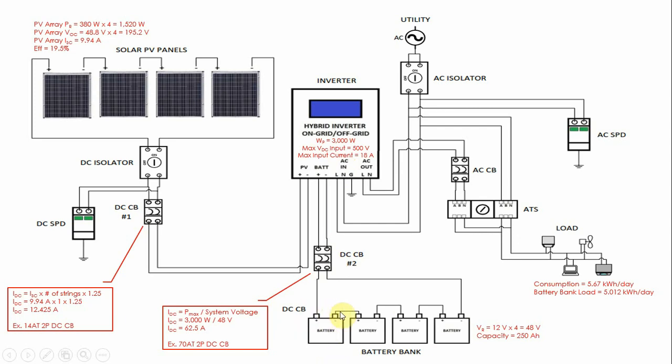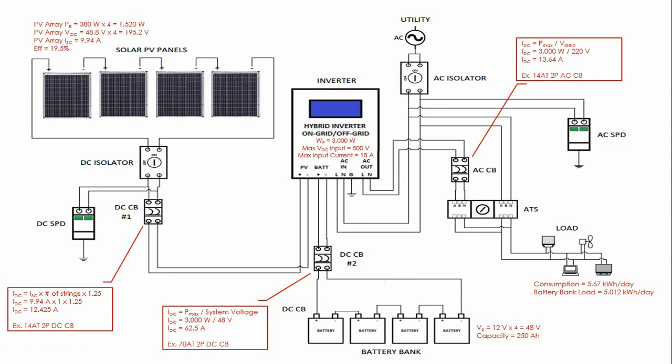So that's 3000 watts divided by 48 volts. We have 62.5 amperes. That's the amount of current flowing through here. So in this example, we will choose a DC circuit breaker with a rating of 70 amperes. So that's a 70 ampere trip 2-pole DC circuit breaker.